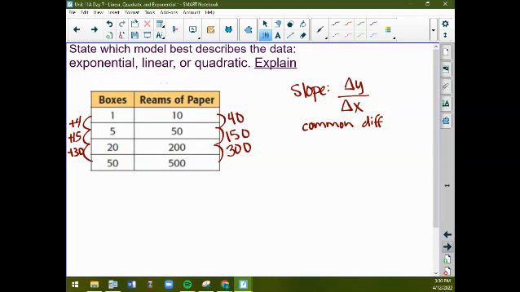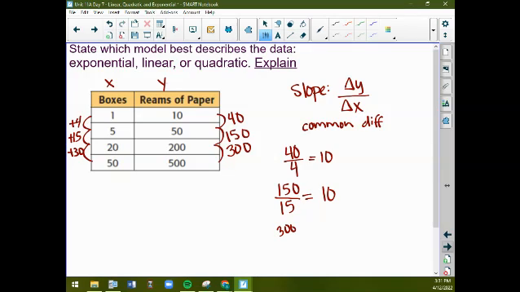This one, it is not. Okay, so if this is x, and this is y, our change in y over our change in x, it would be 40 over 4. Okay, well, that gives me 10. And now I want to make sure that slope is consistent throughout. So 150 divided by 15 is 10.